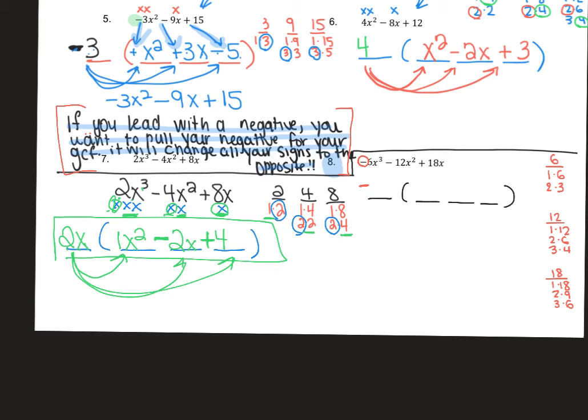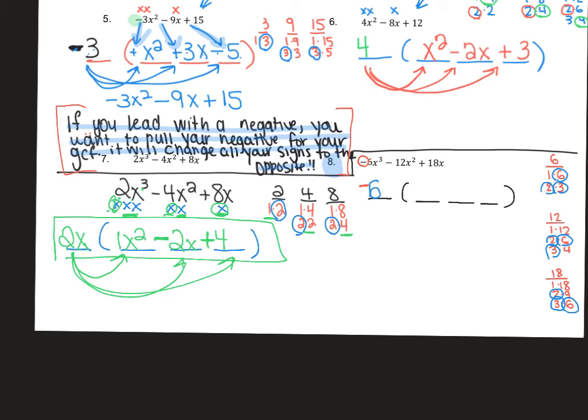So if I'm looking for common numbers, I have a 2, I have a 3, I have a 6. So I want the biggest one, so I want a 6.